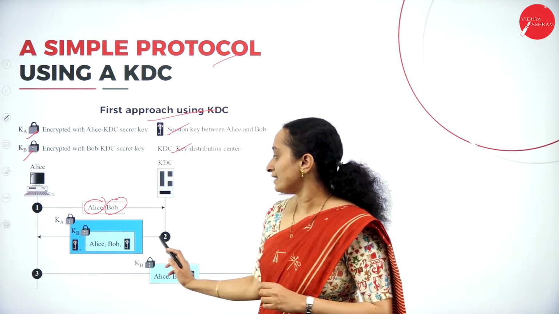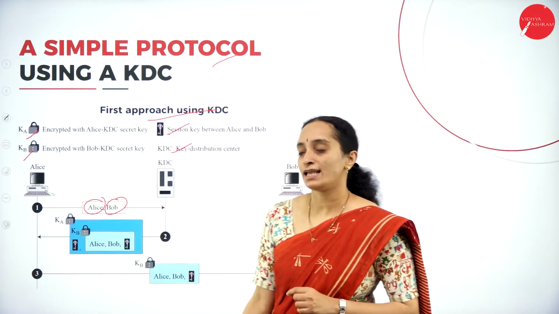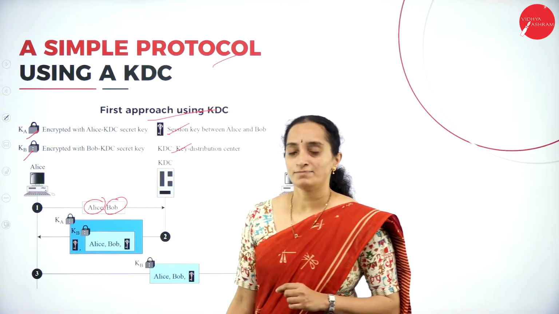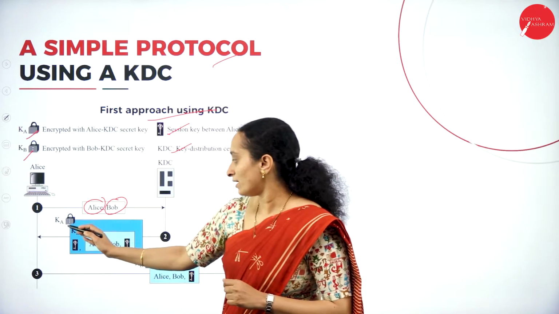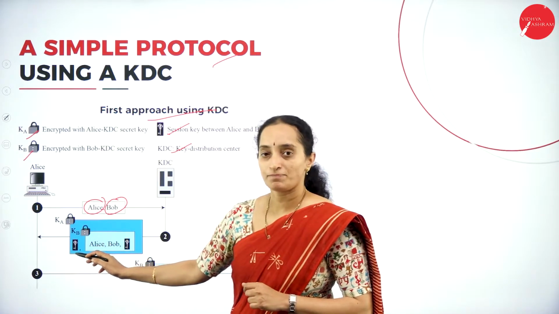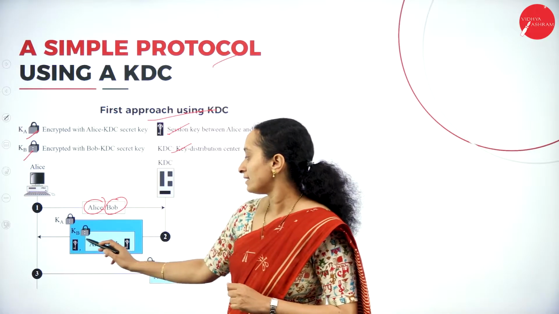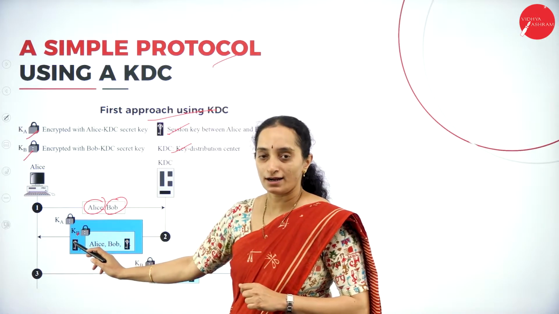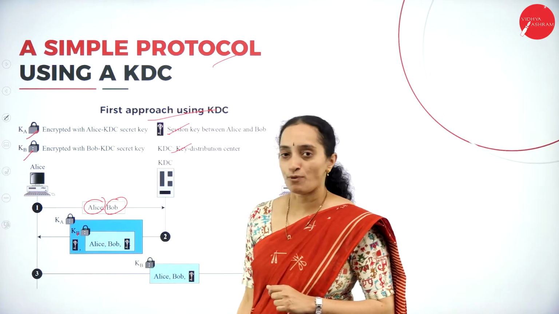Now, the KDC sends the secret key of Alice and Bob to Alice along with the session key. So, the KDC sends the session key for both Alice and Bob.